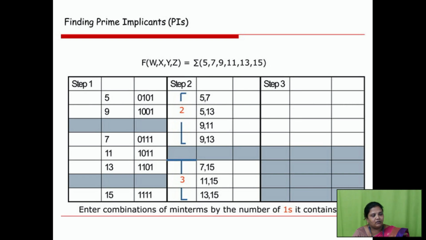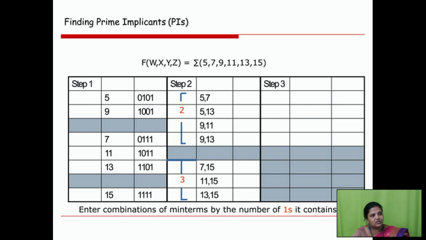So we go with 5 comma 13. In 5 the first position is 0, and in 13 the first position bit is 1. So here 1 bit is changing. The second position is 1 in both, the same.